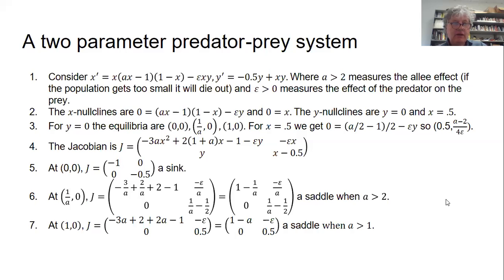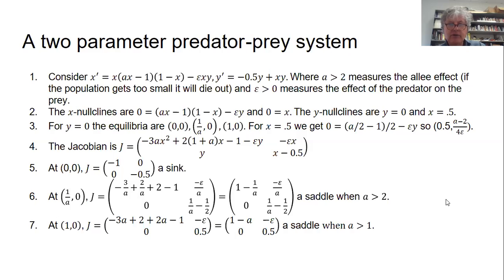At (1/A, 0) and (1, 0), again, we plug in those values for x and for y, and for example, at (1/A, 0), we get that the eigenvalues are 1 minus 1 on A and 1 on A minus a half, and that's going to be a saddle when A is greater than 2.